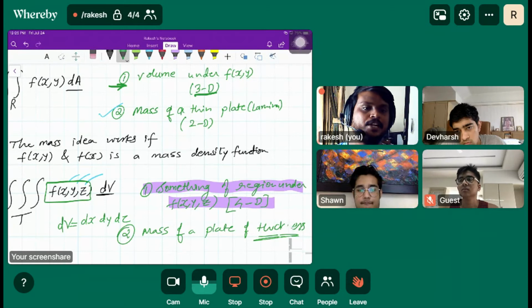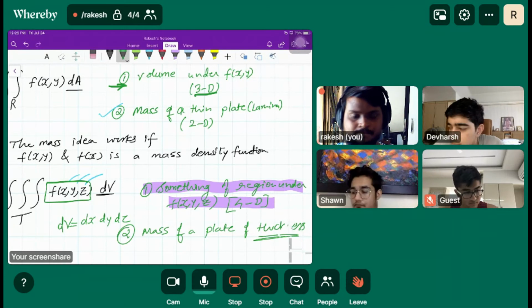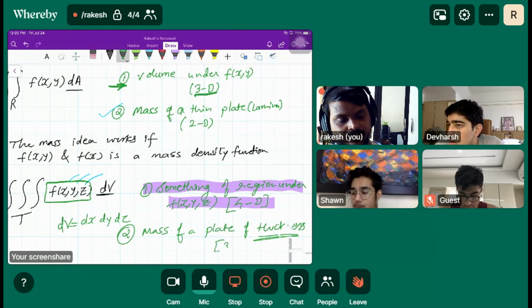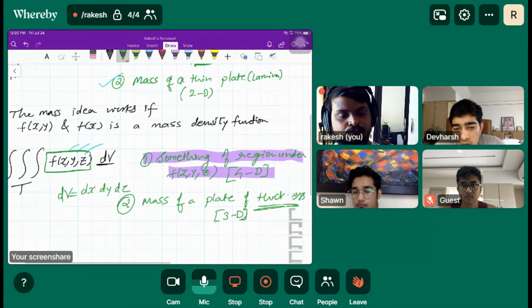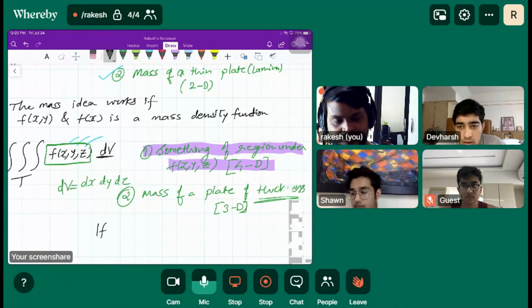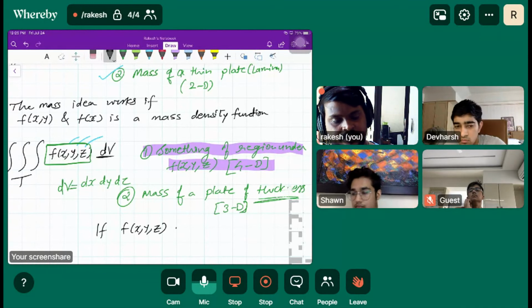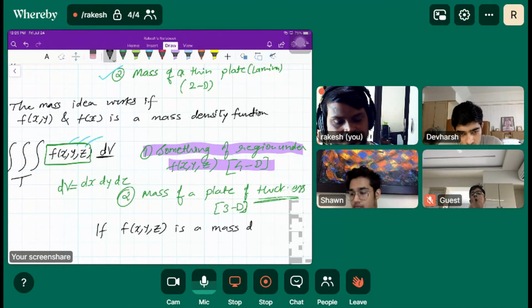The mass of a plate of thickness when the mass density function is given. So, if f of x comma y comma z is a mass density function.